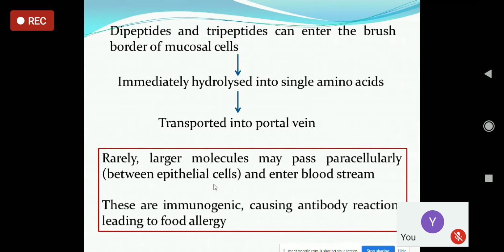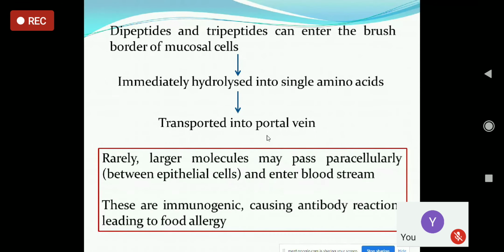So this is the mechanism. Why is protein intolerance occurring? Because normally the di and tripeptides which enter the brush border of mucosal cells are immediately hydrolyzed into single amino acids and are then transported in the blood. We talked about this during the absorption of di and tripeptides.